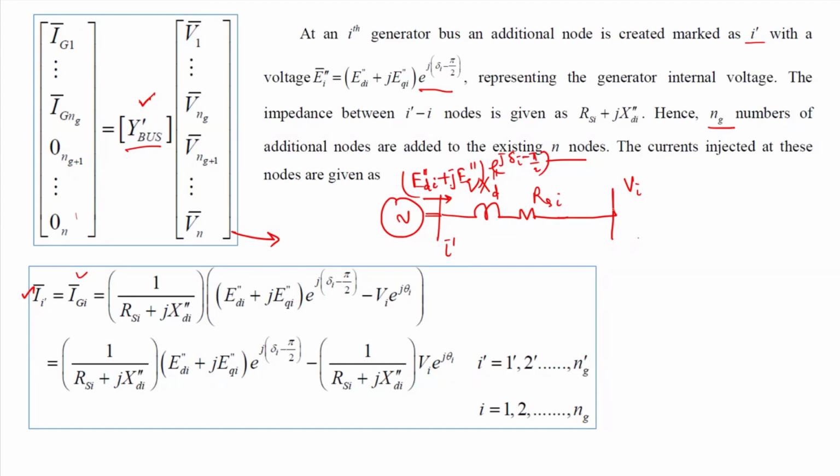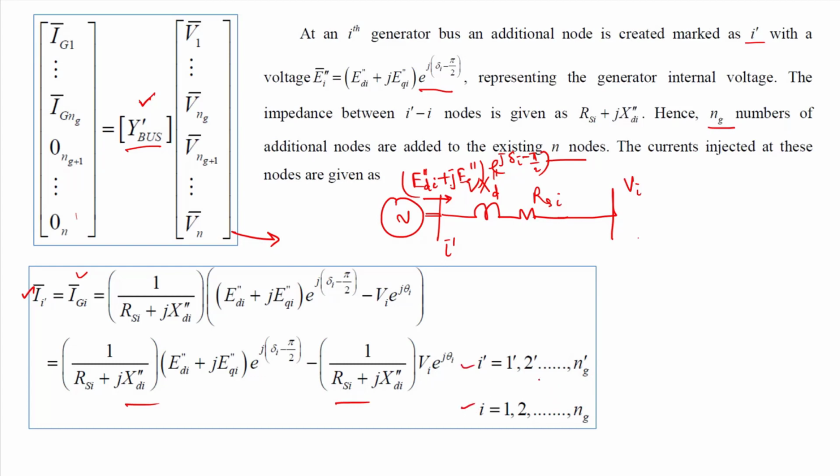So that is what is mentioned here. We found that this is the expression, and it is valid for all the generating buses, where i dash runs from 1 dash to Ng dash and i runs from 1 to Ng.